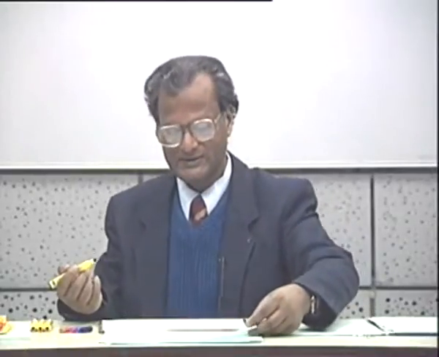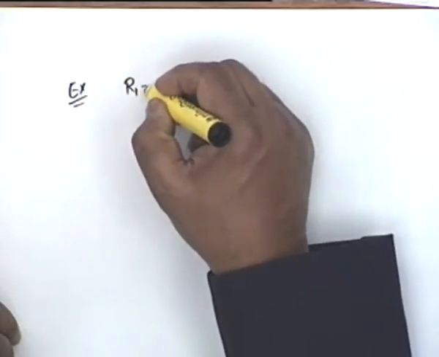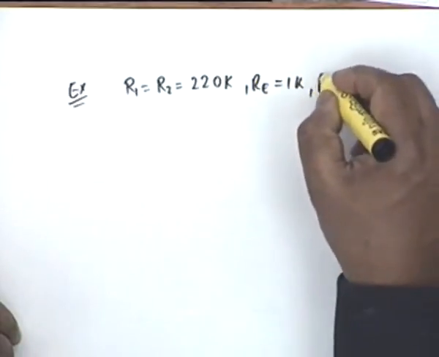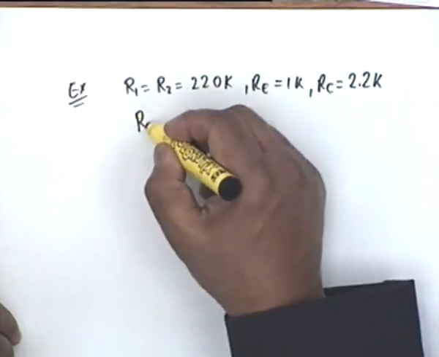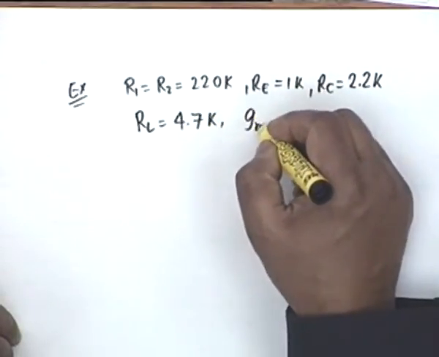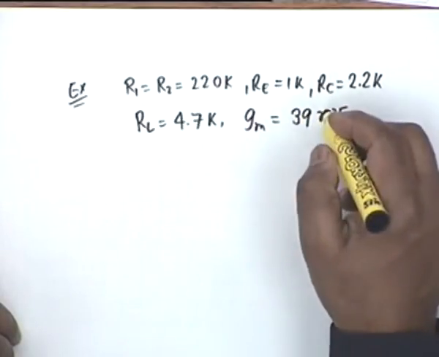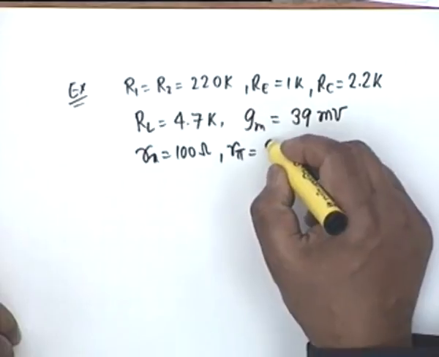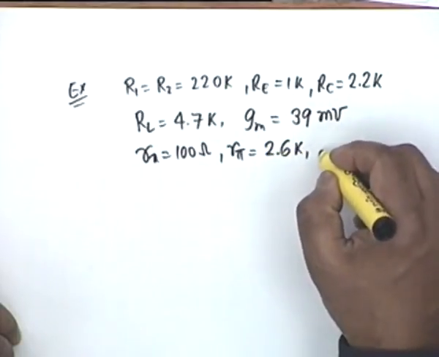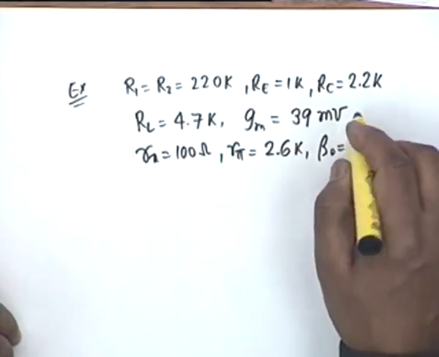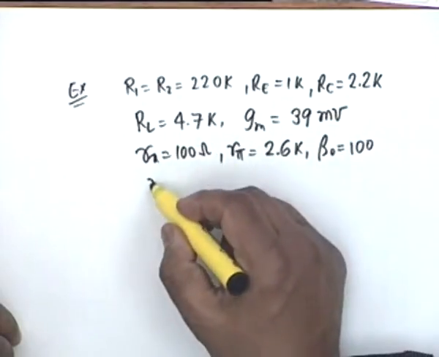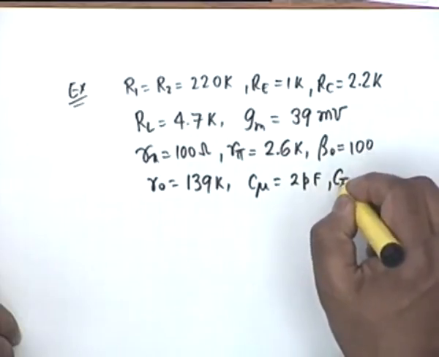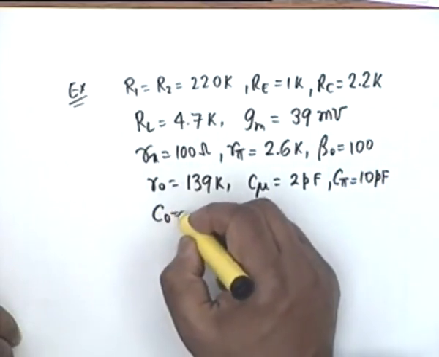R1 equal to R2 equal to 220K, RE equal to 1K bypassed, RC equal to 2.2K, RL equal to 4.7K, gm with 1 milliampere current is 39 millimho, Rx given 100 ohm, we ignored that, R pi at this current is 2.6K, beta 0, not beta, is 100, R0 is 139K, and C mu is 2 pF, C pi is 10 pF, and C0 is 5 pF.